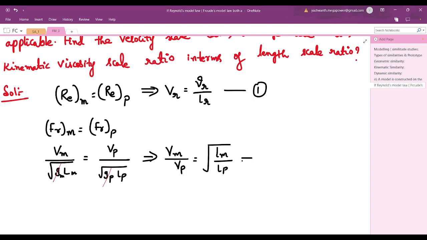So that is what I had written as well. Velocity scale ratio is equal to length scale ratio to the whole power 1 by 2, because square root is nothing but power 1 by 2, right? That's where I was getting confused. Okay, so let this be 2.